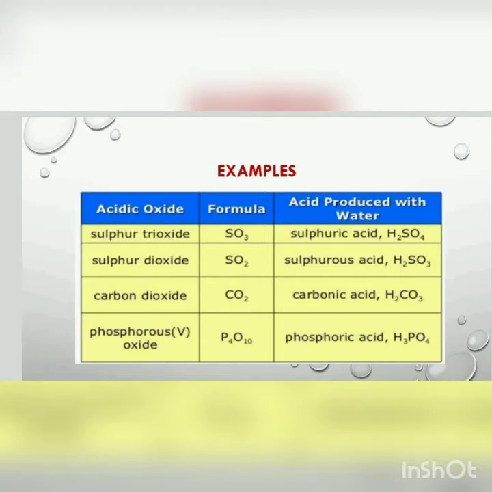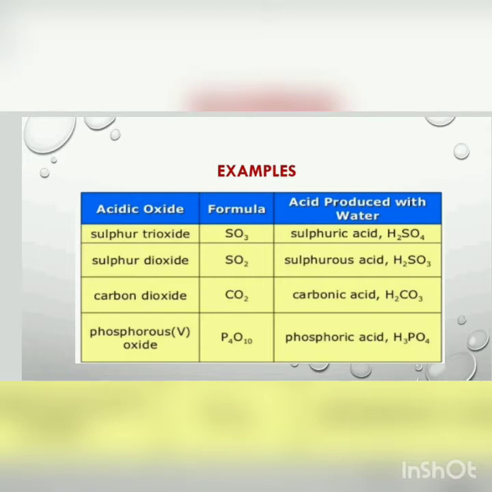We have just seen the reaction in the last slide, right? Carbon dioxide also dissolves in water and forms carbonic acid, H2CO3. The next one is phosphorus oxide. The formula is P4O10 and the acid is phosphoric acid, H3PO4.